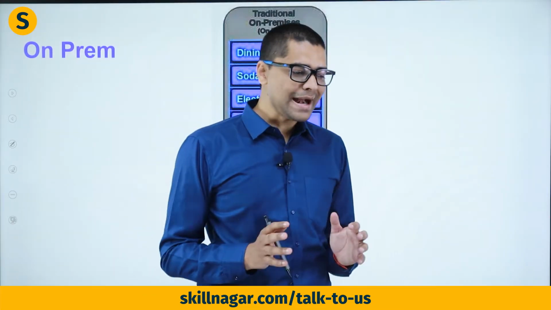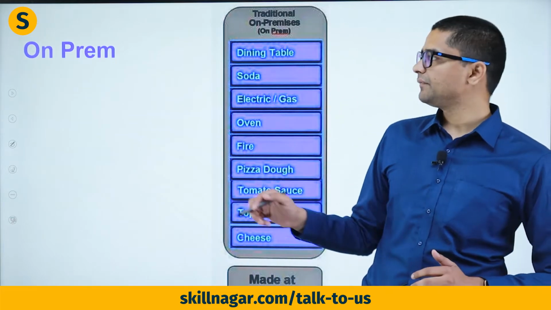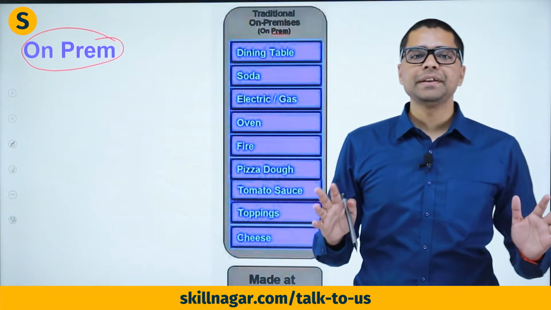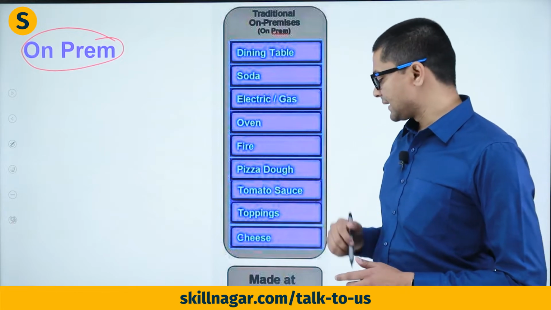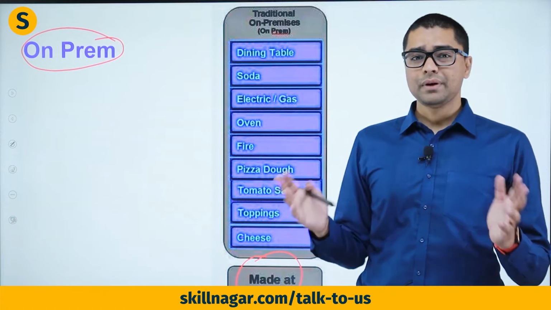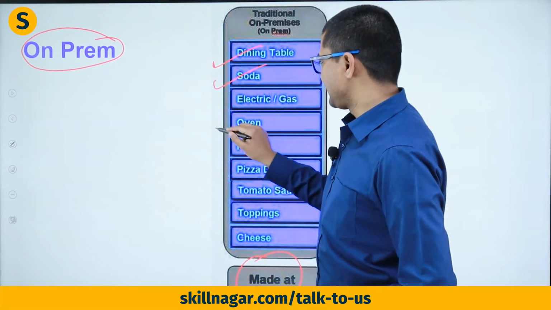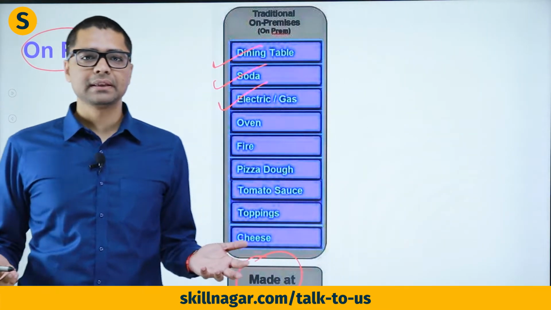Okay, now before understanding those three different types of cloud, let's try to understand what happens when we are on premises, on-prem, or when we are managing our own infrastructure. Now, I've taken this example where I'm making a pizza at my home. What do I have to do? I have to make sure that I have the dining table ready, soda is ready, and the gas is ready on which I'm going to bake the pizza.